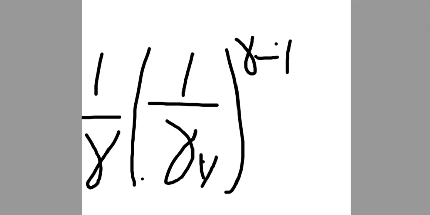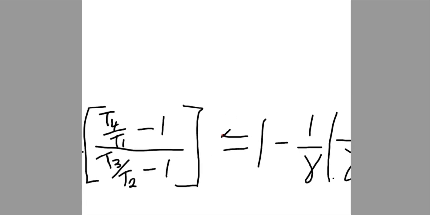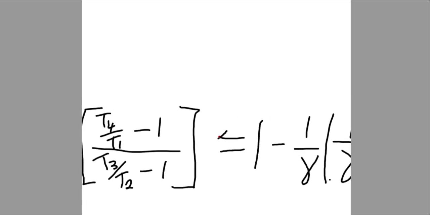And then for our value of T4 over T1 minus 1 and our T3 over T2 minus 1, we got our value for T4 over T1 to be equal to cutoff ratio raised to power gamma, and our value for T3 over T2 to be just our cutoff ratio.